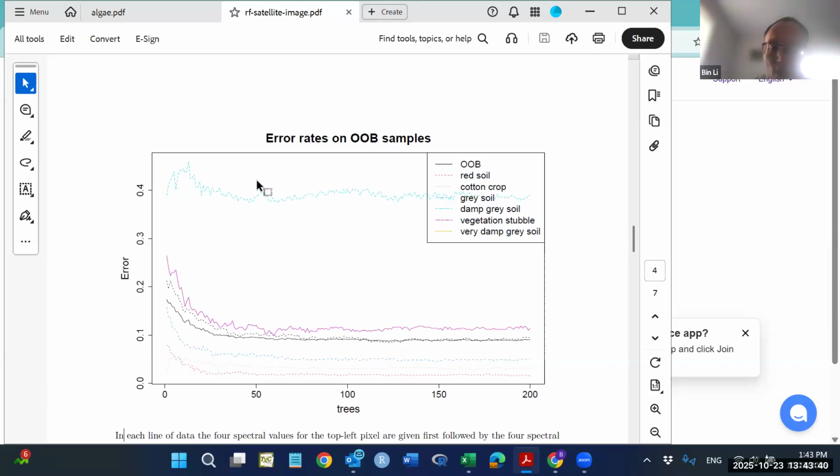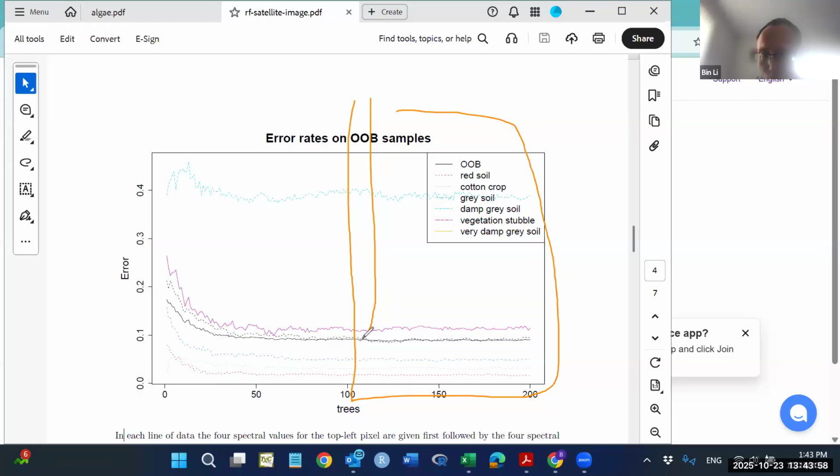So the number of trees that we really need is about what? Looking at these curves, they basically stabilize close to 100 trees. After 100 trees, the error curves are very stable.